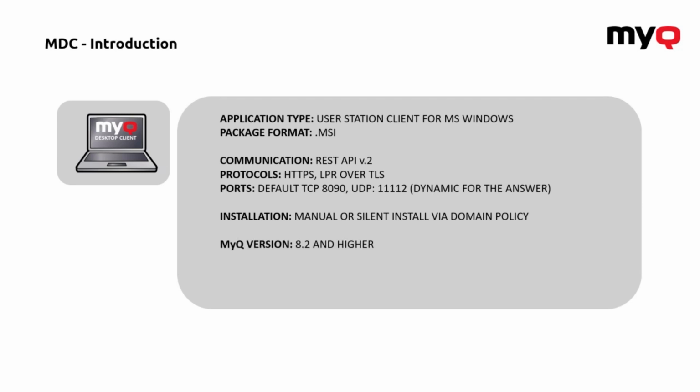When it comes to supported versions of the system, the MyQ Desktop Client is intended for version 8.2 and higher. And what it offers are multiple different modes, from secured print to special print modes and some failover solutions. But we'll speak about all these in a couple of minutes.